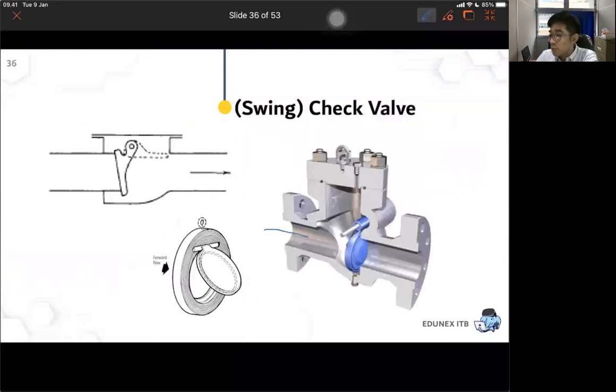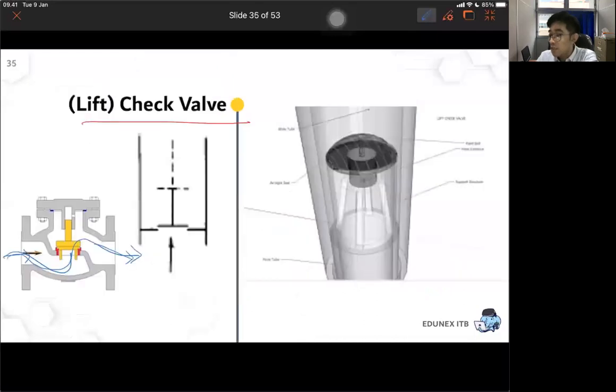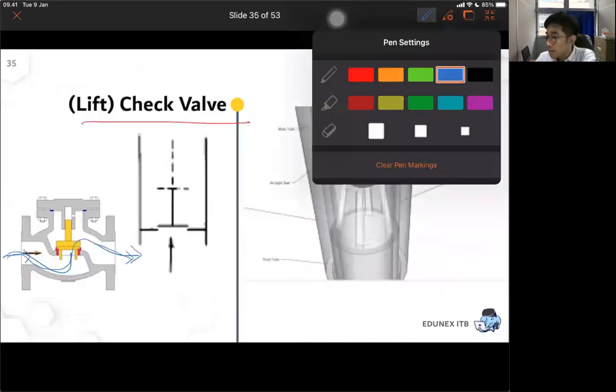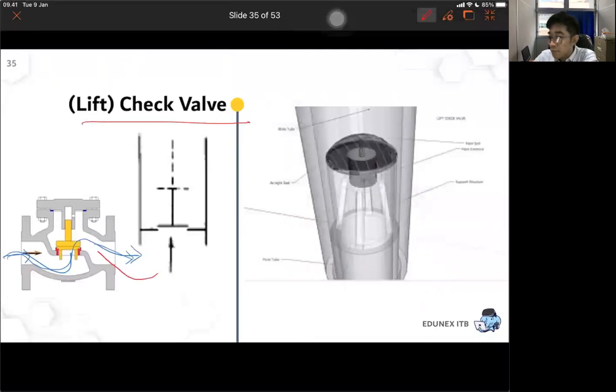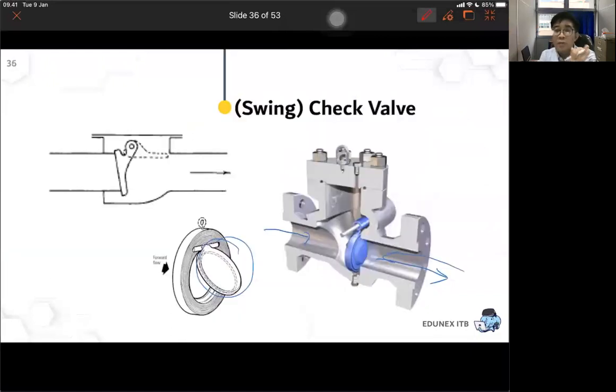It's designed to flow from here to here because the pressure or the velocity of the liquid can cause this part to lift. However, if the liquid or the gas flows in the different direction, for example in the lift check valve, the valve will move downward. Or in this one, the valve will move to the left side. What happens? The liquid or the gas cannot flow inside the pipe.